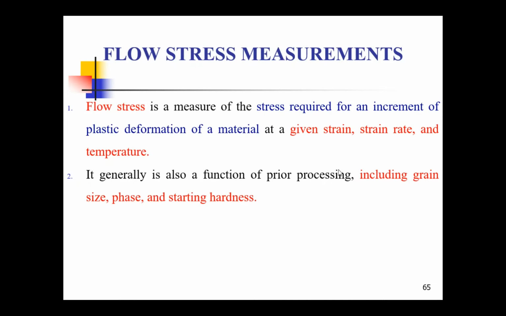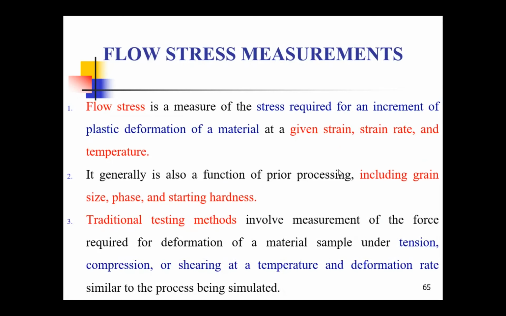This also includes the material properties like the grain, the phase, whether it is the eutectic phase, and hardness of the materials. All these things we can also see during the hands-on training session. So how to determine this flow stress? This flow stress measurement is very essential when I develop a new material.